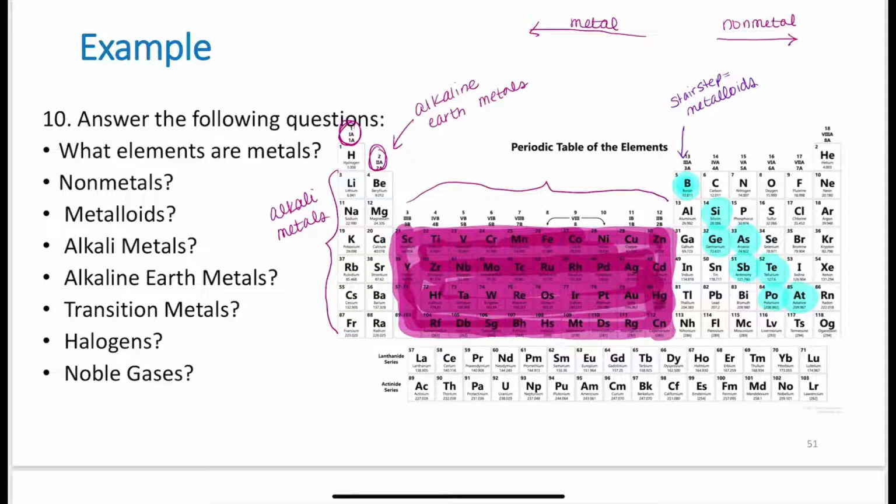So just that block. Halogens is group 17. It starts with fluorine. And lastly, your noble gases is group 18.